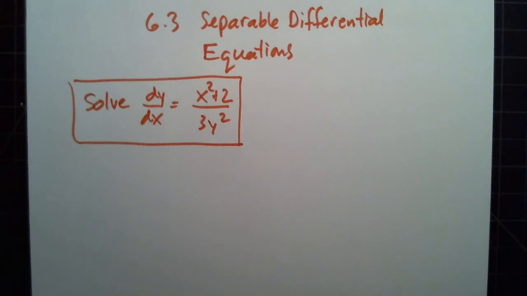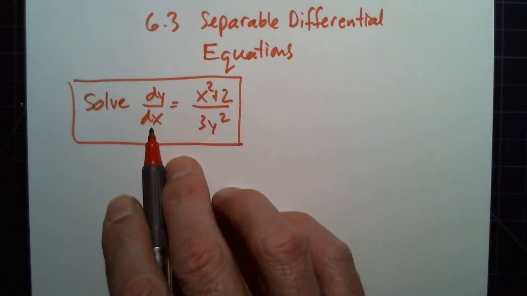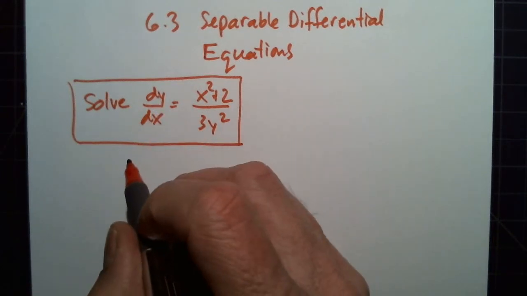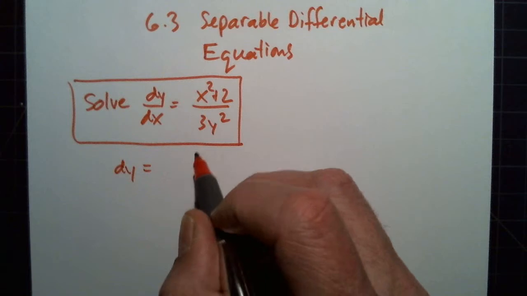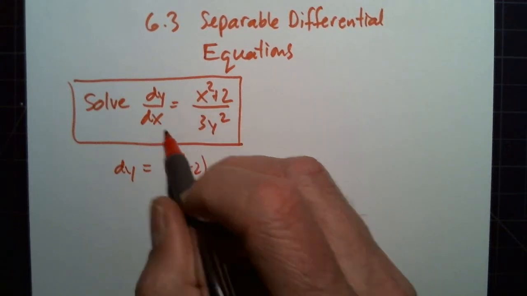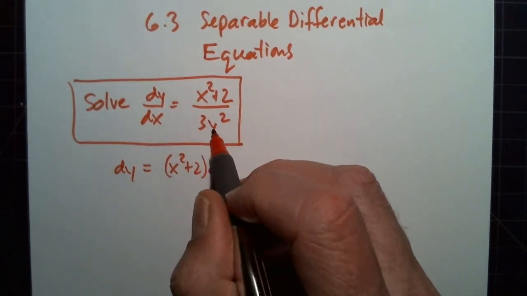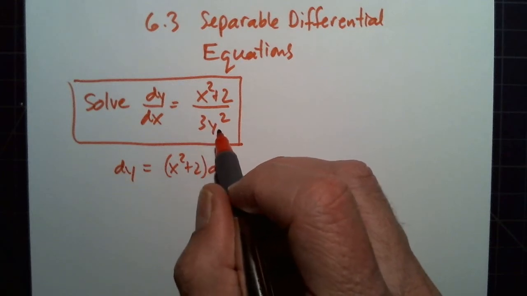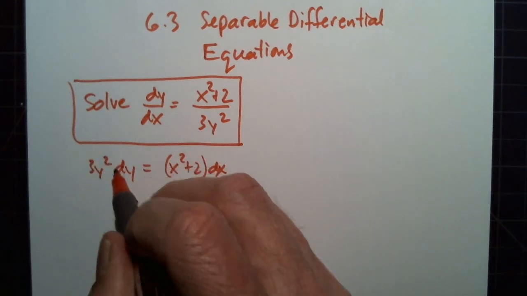Alright, let's review here. We can separate the x and the y. So we have x squared plus 2 multiplied by dx, and let's also multiply both sides by 3y squared.